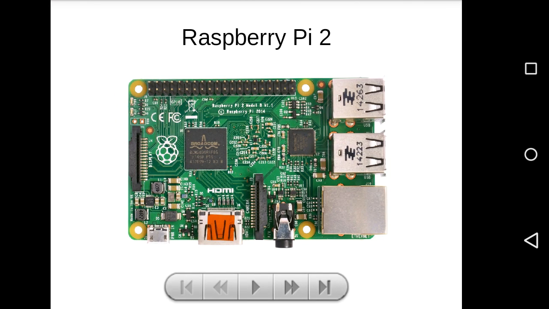Hi, today I'm going to discuss Raspberry Pi 2. Basically, Raspberry Pi is a small single board, full fledged system, so that we can use it for numerous purposes.